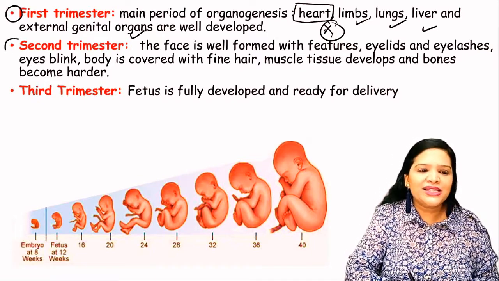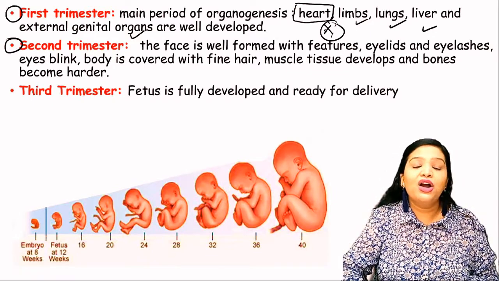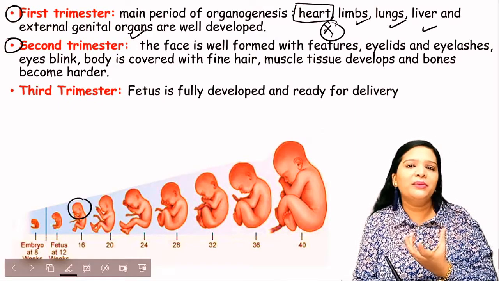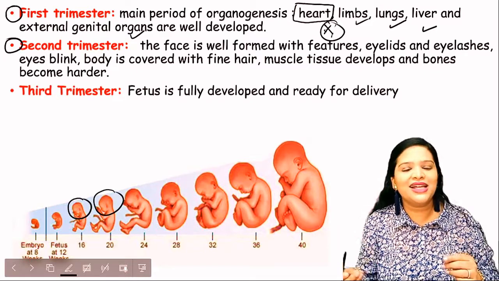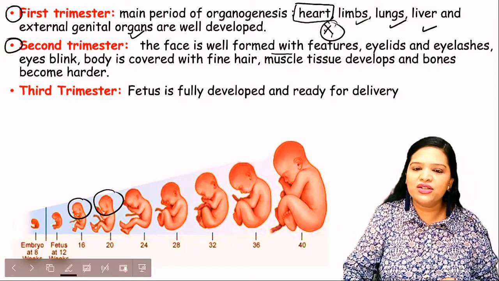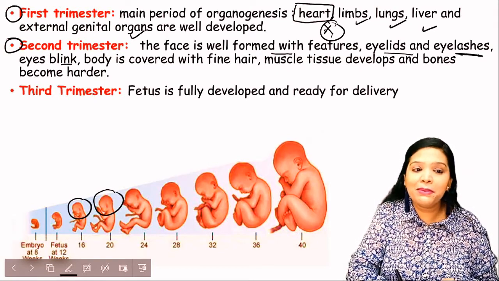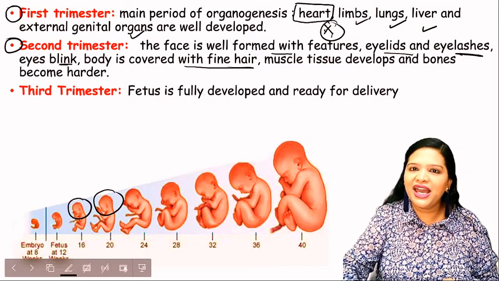And during the second trimester, that means 4th month to 6th month, the face is formed. Previously the embryo will be like this without any peculiar shape. Now the face is formed with the eyes, ears, everything. Okay. The face is well developed with features. Eyelids, eyelashes, everything occurs. The embryo blinks, and the body is covered with hairs.